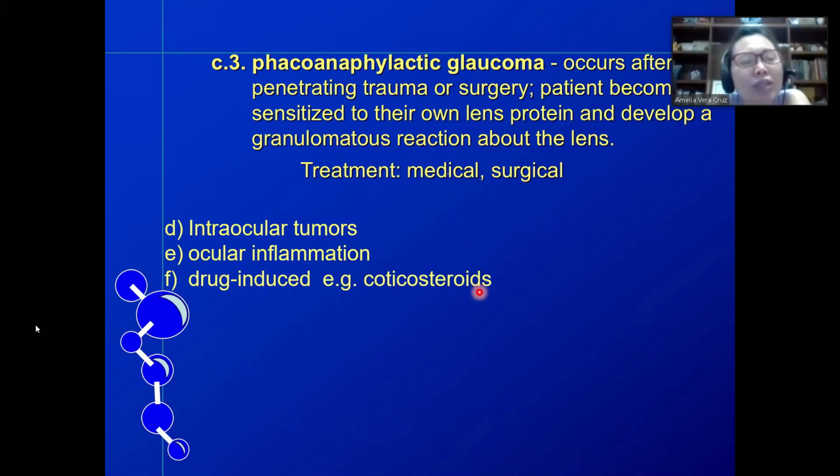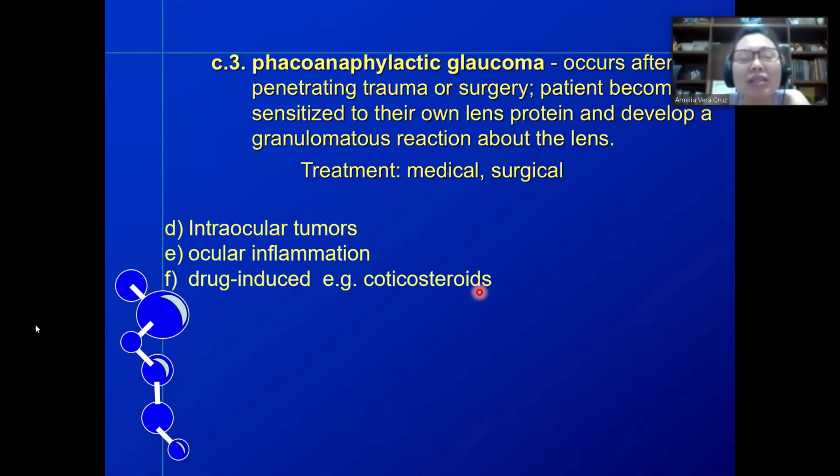Remember that during your embryological development, during the first trimester, before the formation of your immune system, your lens proteins has been encapsulated already. So your body does not recognize those lens protein. Kasi nasa loob na sila ng capsule. Later part pang immune system mo, nauna ang lens mo. Binalot na siya ng lens capsule.